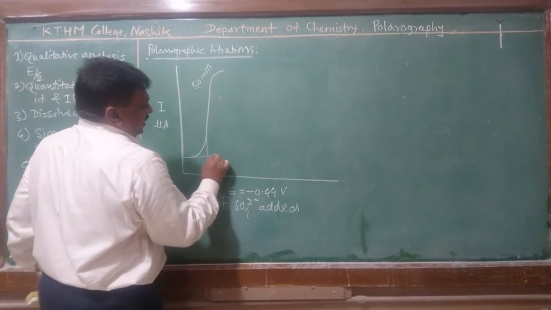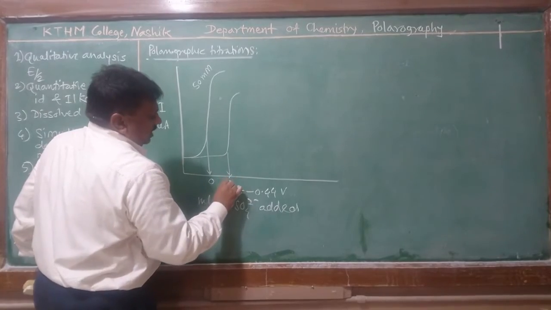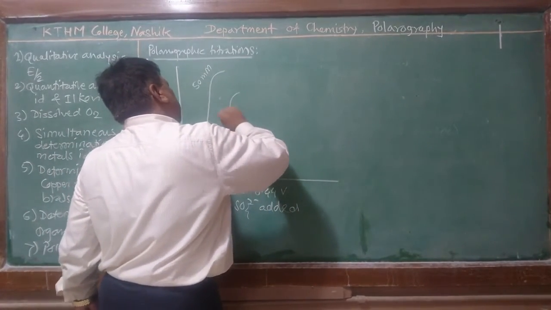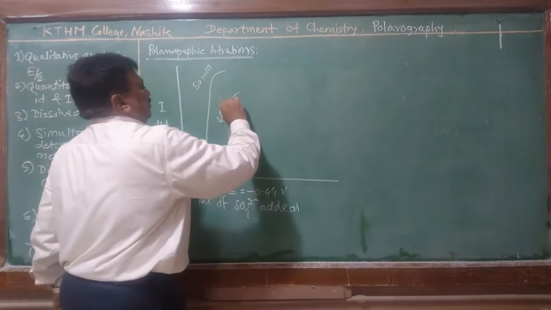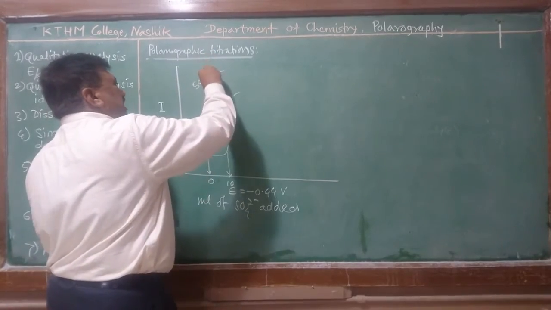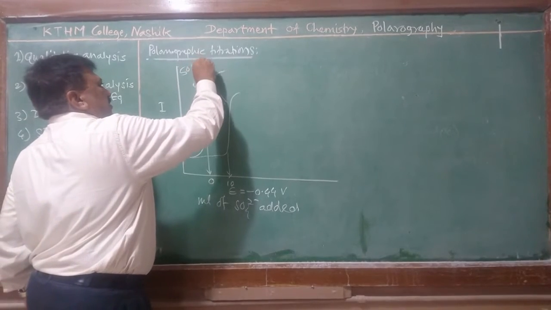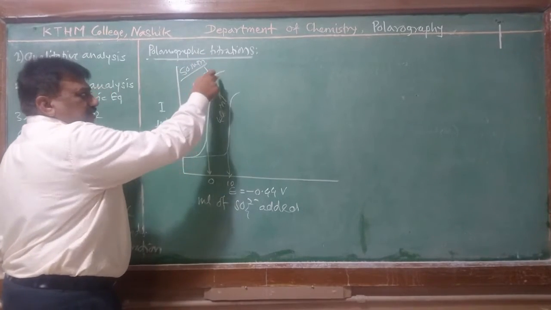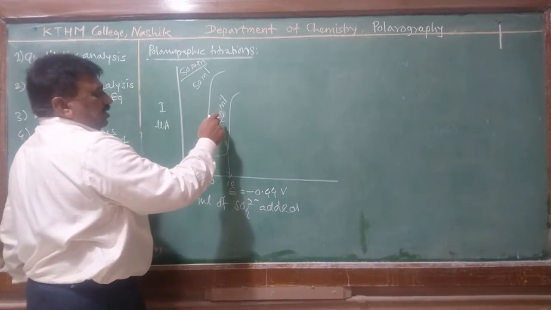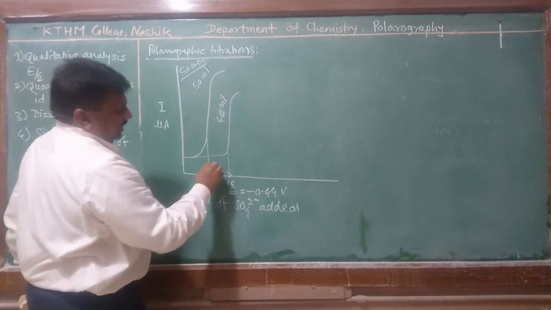Then diffusion current decreases when 10 ml of sulfate is added. That means only 40 ml of the 50 millimole solution is available. Here 40 ml of 50 millimole lead remains unreacted, therefore diffusion current decreases.